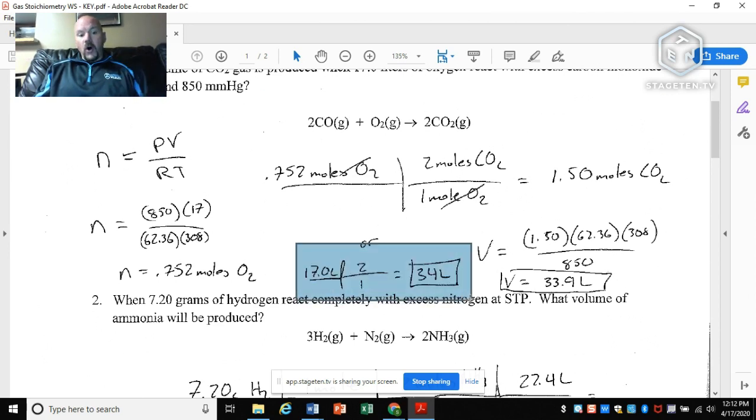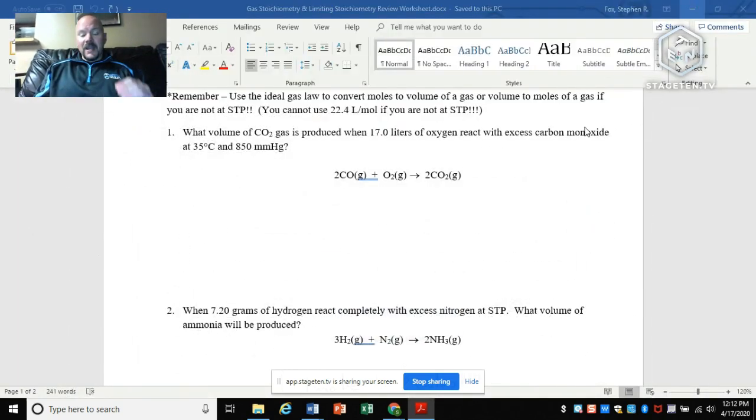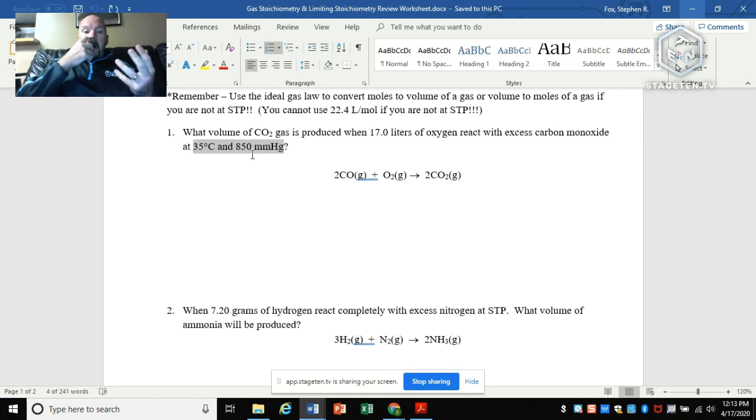We're going from volume of a gas to volume of another gas, and it's key to understand that as long as pressure and temperature don't change, and they're saying that's the temperature and that's the pressure, volume of gas is based on the moles of gas. So the volume ratio and the mole ratio are the same thing.